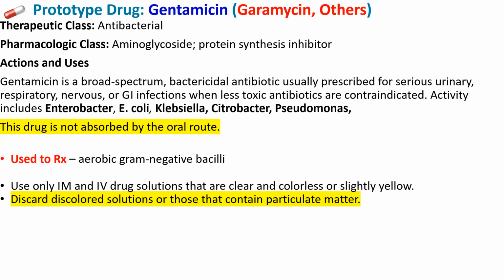It may be given concurrently with penicillins or cephalosporins to improve bacterial kill and to delay resistance. If we combine gentamicin with penicillins or cephalosporins, we can destroy more bacteria and delay the resistance.